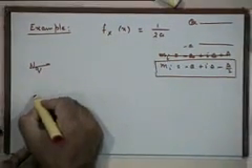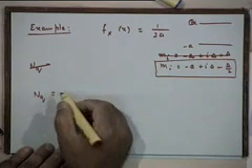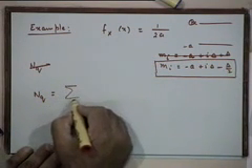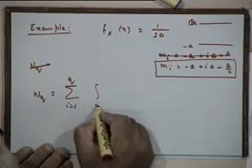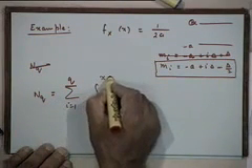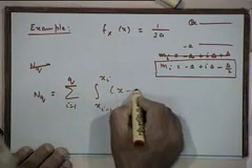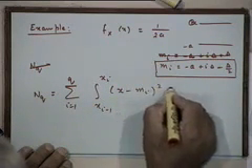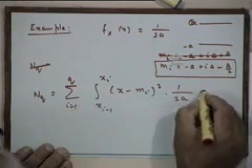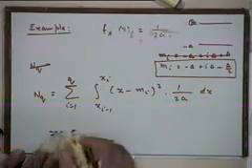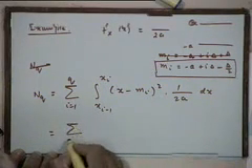So let us now look at the expression for N sub q, which was the summation, i going from 1 to q, of the integral from x sub i minus 1 to x sub i of (x minus m sub i) whole square, and fx(x) is now 1 by 2A, dx.